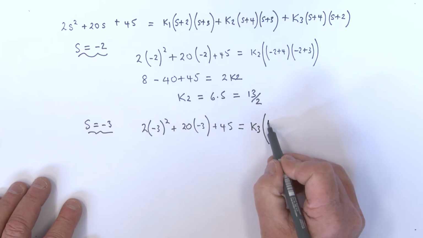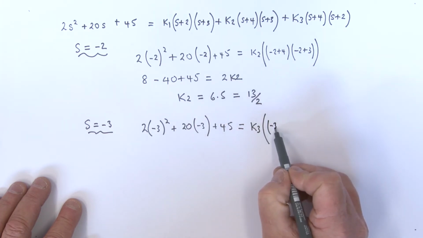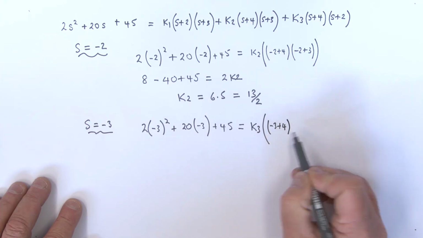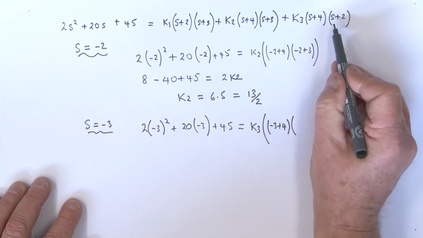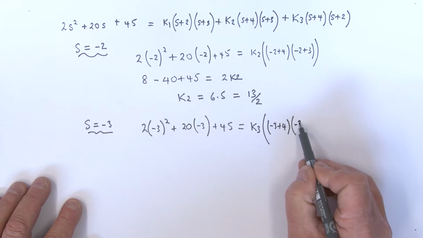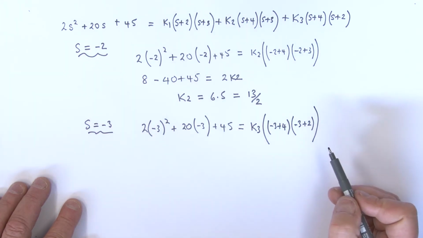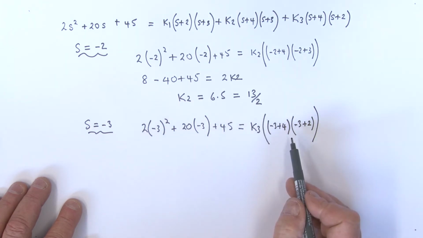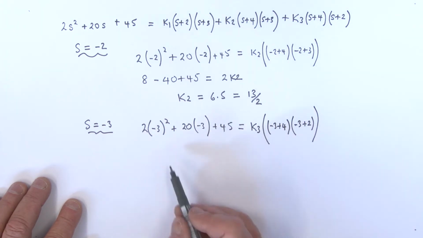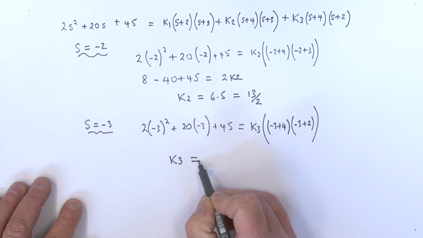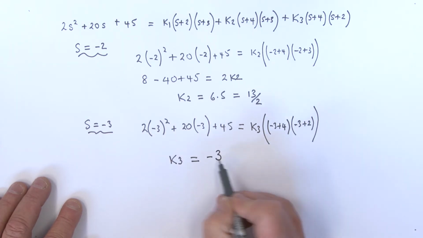S is -3, and that is plus 4. Close the bracket. Open up a bracket. S is -3 plus 2. Close the bracket like so. So everything can now be evaluated here, and we find out that k3 is actually equal to -3.